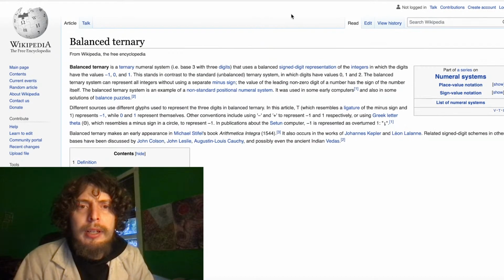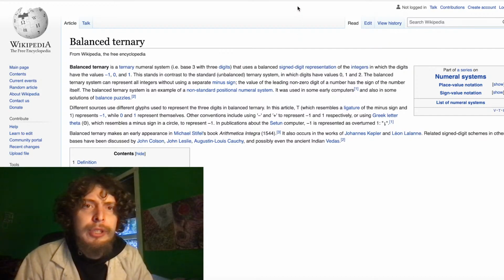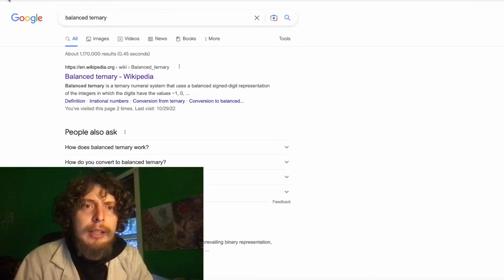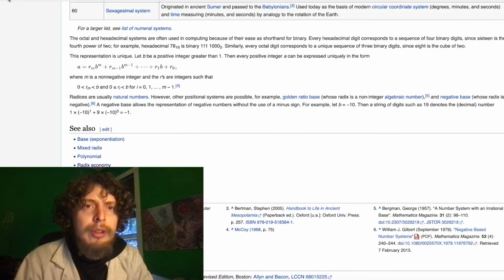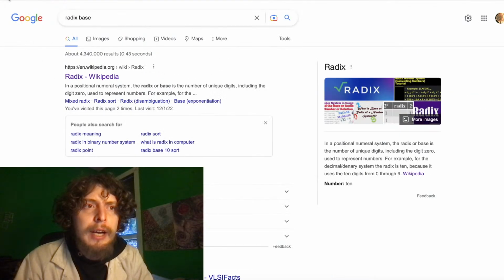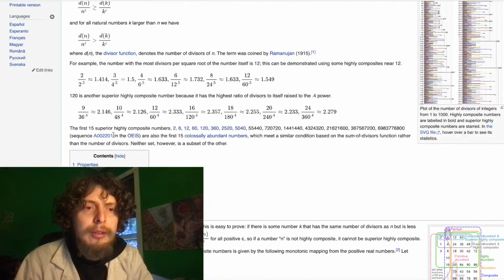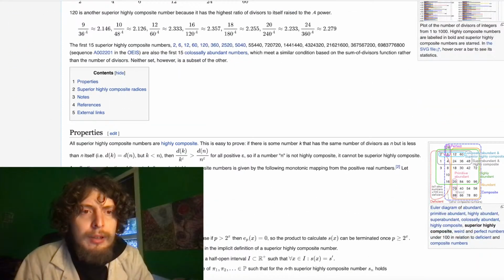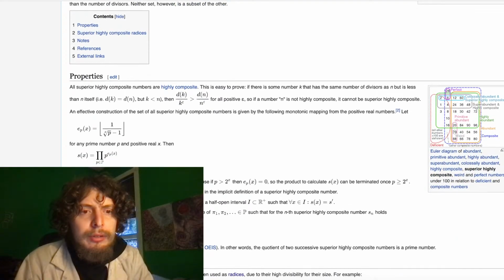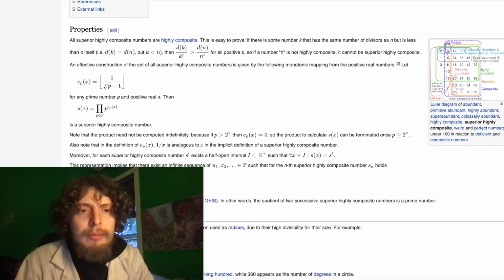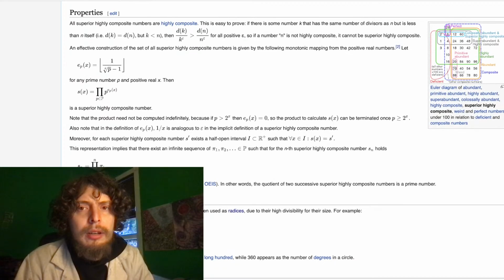What else are we going to take a peek at here? Well, balanced ternary is good, but I'm still leaning toward the superior highly composite bases. Those ones are really great. And in fact, I wonder if they mention that on here, that they are useful. Because another one that works well are these ones called primorials, which have other helpful traits.